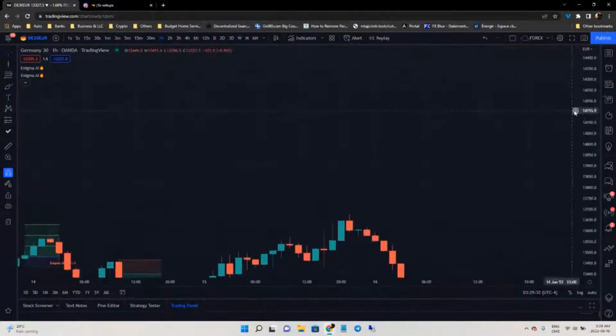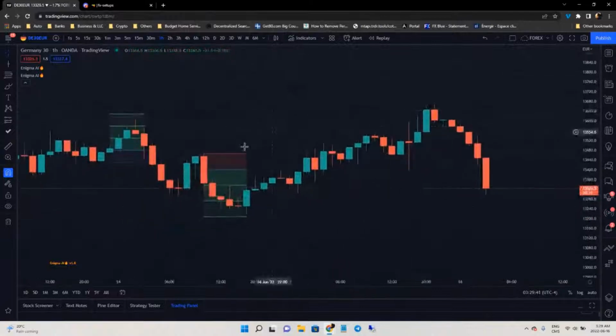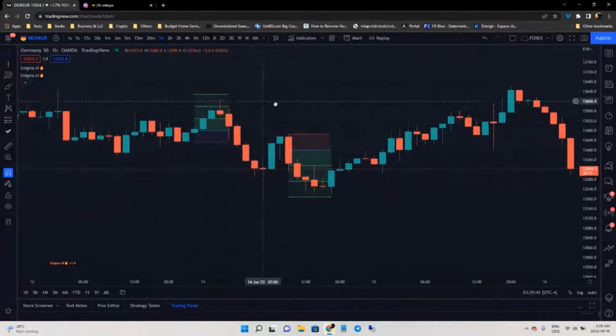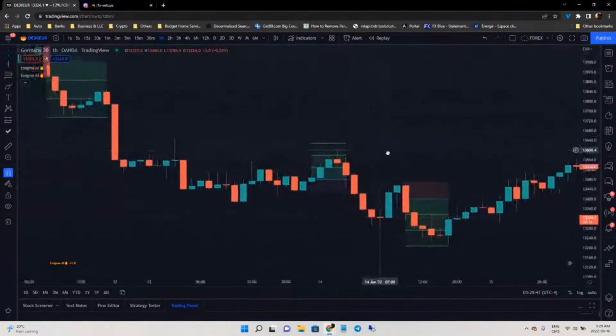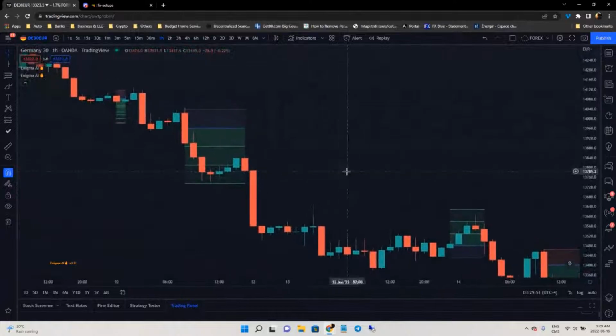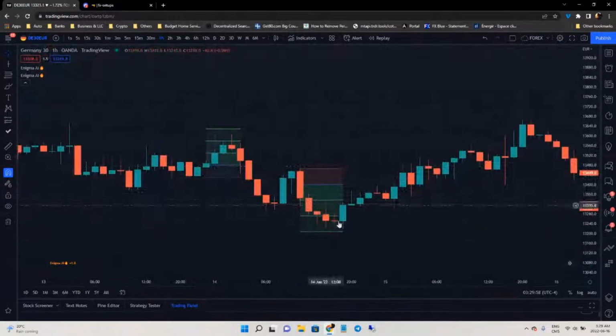One pair that I love to trade is the German 40, because I think this index trades pretty good and has a lot of potential with the movement. And as you can see, most of the trade ideas sent out on the H1 are pretty good setups.